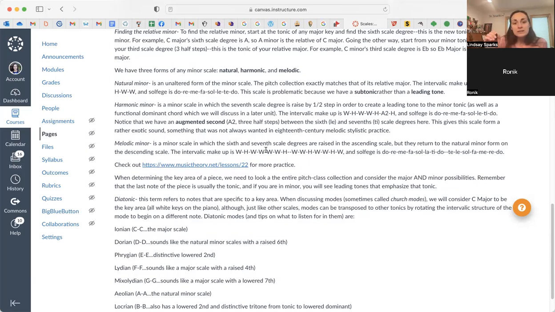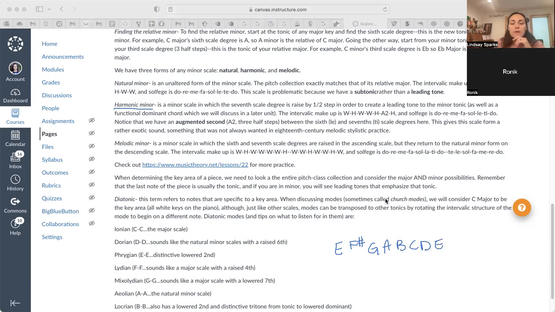If we raise the leading tone, we get something called the harmonic minor. So for example, if we took that E minor mode that we just mentioned, it's the key signature of G, right? So we have E, F sharp, G, A, B, C, D, E. So that's the right key signature.